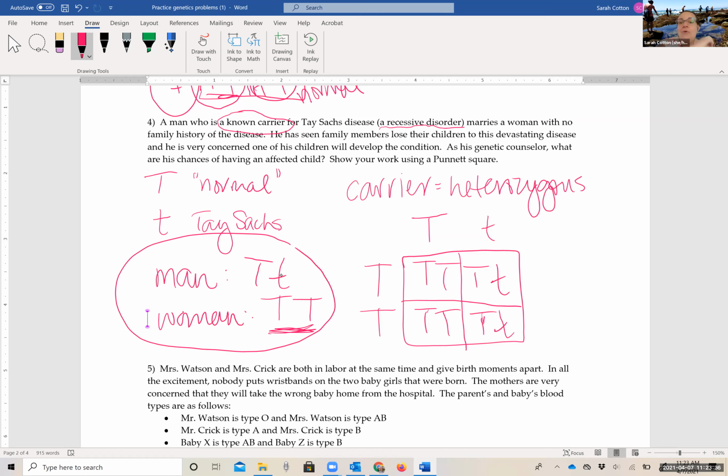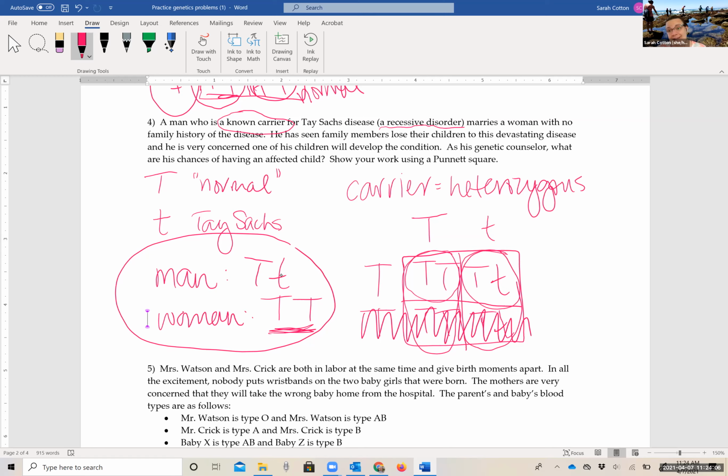Okay. So now the question is this. I'm going to scribble this out because personally it's easier for me if I'm looking at fewer squares, because then I'm able to do the fractions easier. I'm like, okay, half of the kids are this, half of the kids are this, rather than 2/4 of the kids are this and 2/4 of the kids are that.